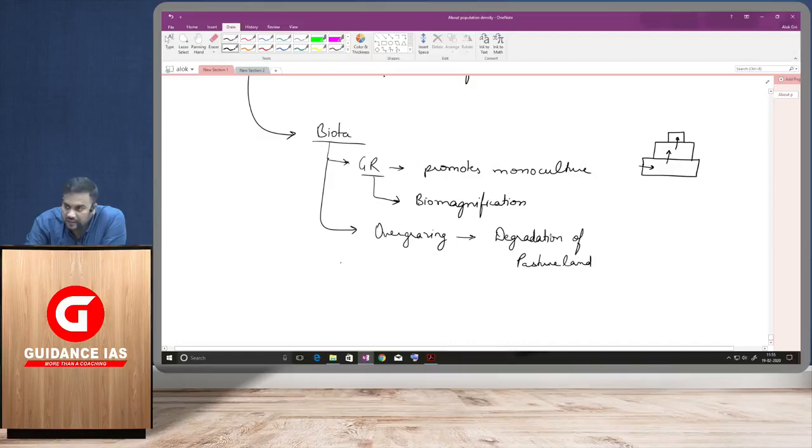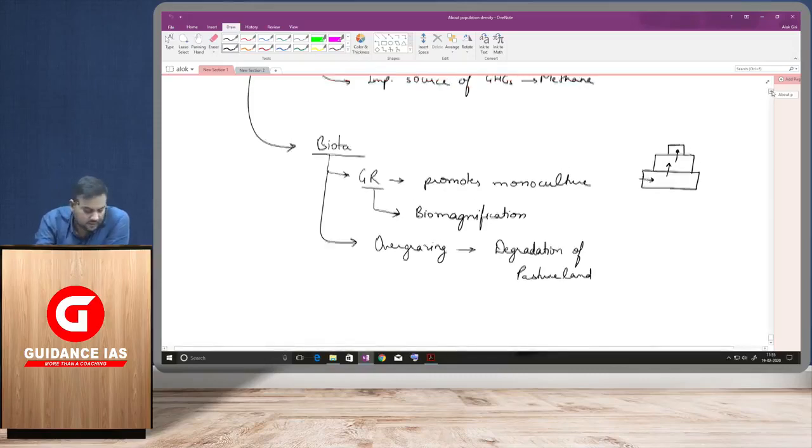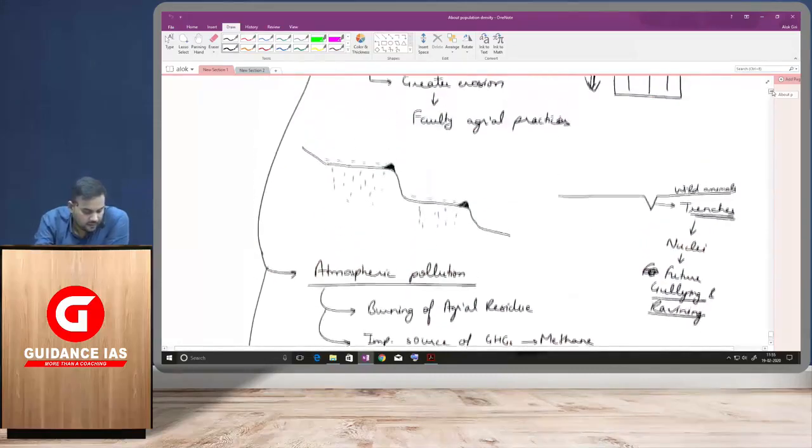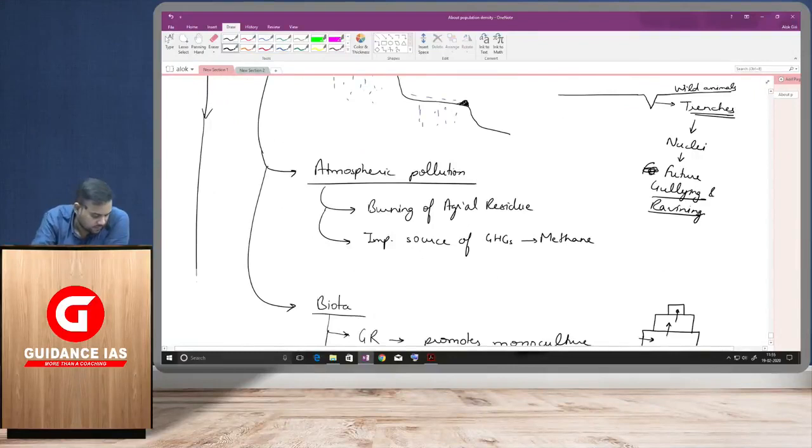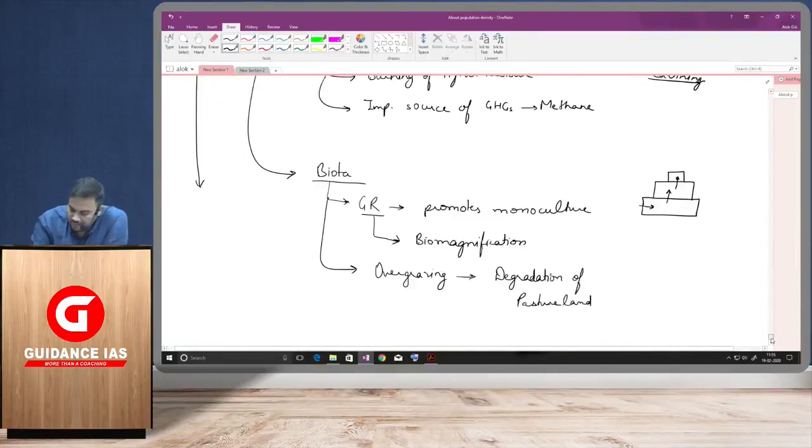Increasing intensity of agriculture is affecting the quality of the soil as well. So in several ways we find agriculture has an effect on the environment. Okay? So these are one type of issues related with the rural areas. Then there are other types of issues related with the rural areas, and this type of issue is more related with the socio-cultural practices.